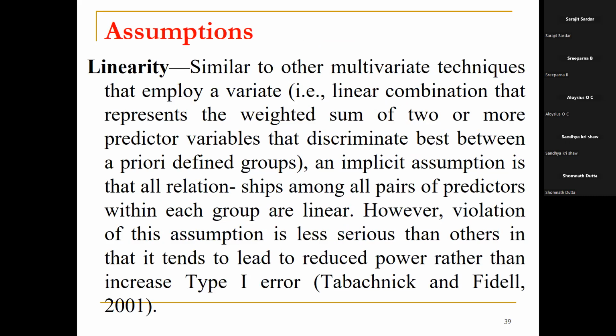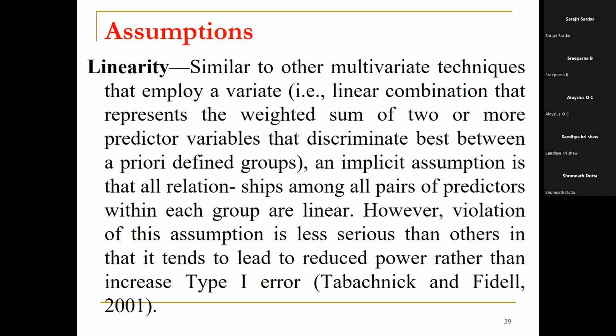So the assumption is also linearity, because all of our independent variables are continuous. If they are continuous, we have to see their relationship. We have to check that they are least correlated with each other.